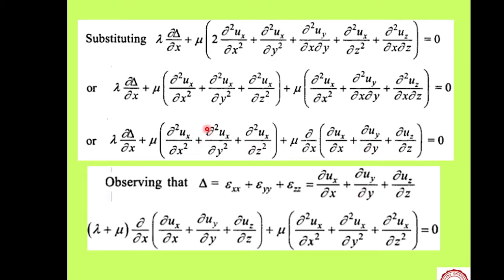And here we are having these terms, they are written like this. So this second derivative part, mu into this is written here. The same thing is here. And in the first we had a del x of delta. This delta is also this epsilon x, epsilon y, epsilon z.